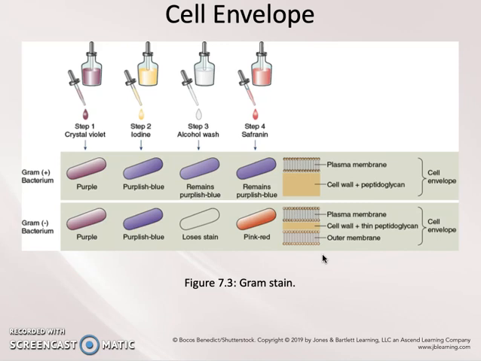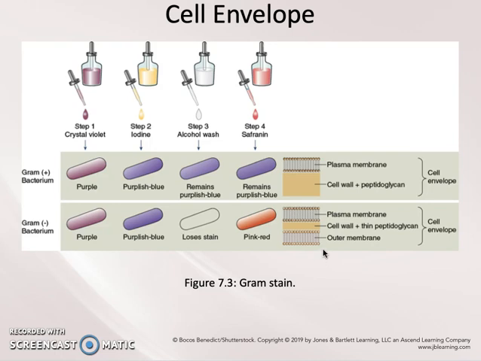In this case, those endotoxins, when released, can lead to damage of host cell tissues. So in trying to fight and kill those gram-negative bacterial infections, you could end up leading to damage to your own cells.